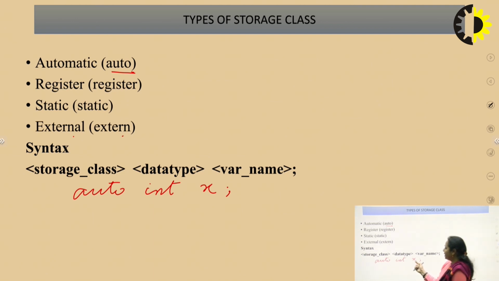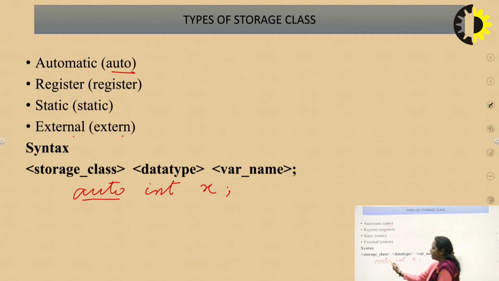Here I have declared a variable x whose data type is integer, which means it will store integer type values, and the storage class is auto, which will specify how this x will behave in the system: where it will get stored, what default value is stored in it, what is the lifetime of x, and what is the scope of variable x.